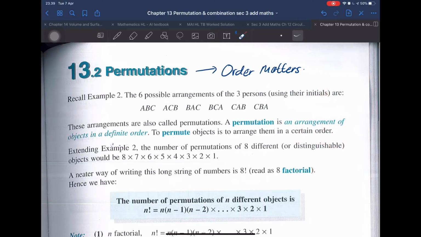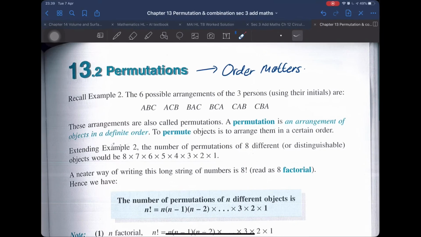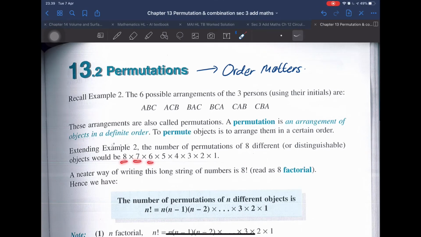That's 6 possibilities. Now, what if we increase the number of persons that we want to arrange? Let's say there are 8 people that we are gonna arrange. So the answer is gonna be 8 times 7, 6, 5, 4, 3, 2, 1. Why become like that?